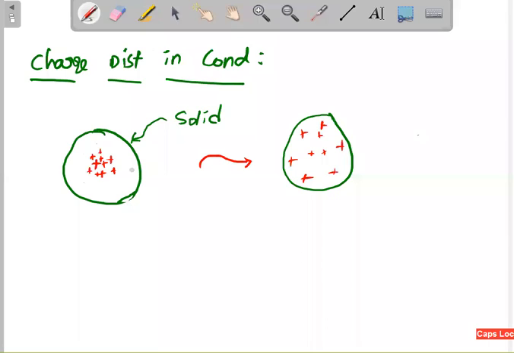Once they are very close to each other, the force will be very, very high. They are all the same charges, positive and positive, so they will repel each other, in such a way that the force between them is minimum.